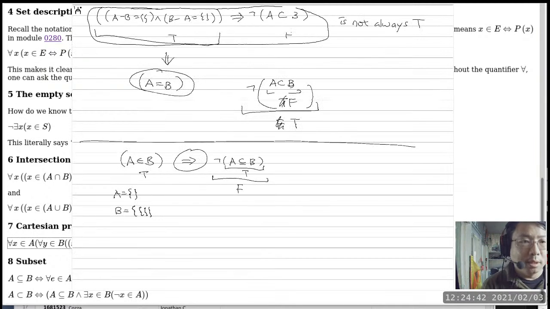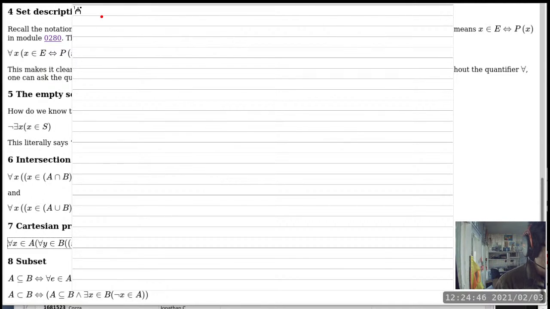Let's claim that A has 1, 2 in it, and that B has a, b in it. Now I claim that A times B, the Cartesian product between these two, has the usual suspects.